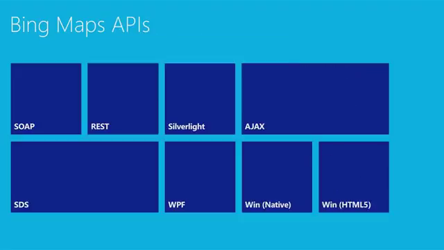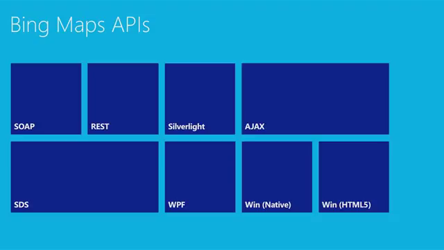Now, if we look at the development side, there are a number of APIs that we can access. There is SOAP and REST web services, and a special form of REST web services that we call the spatial data services that allow you to store, geocode, and manage large amounts of data in the Microsoft Cloud.